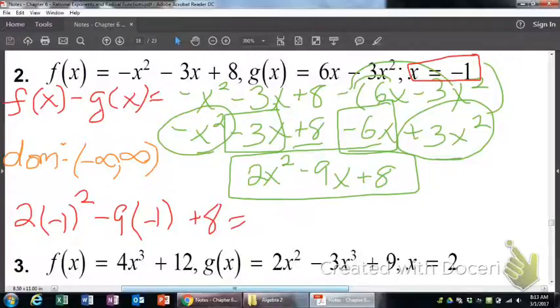And you would just type that straight into your calculator. And you would get 30. Go ahead and take a minute, and then that's all for this video.